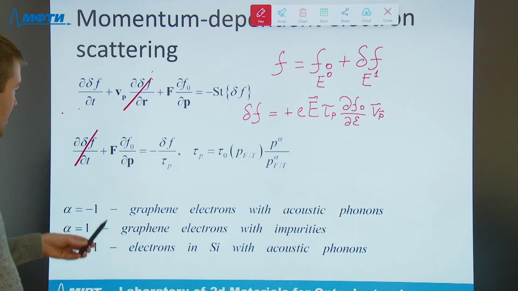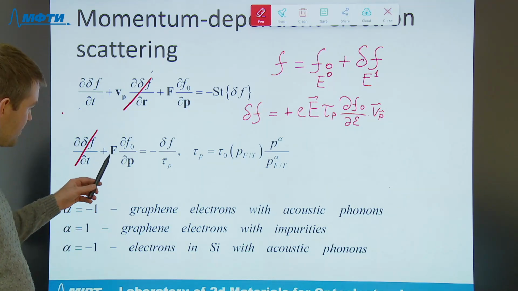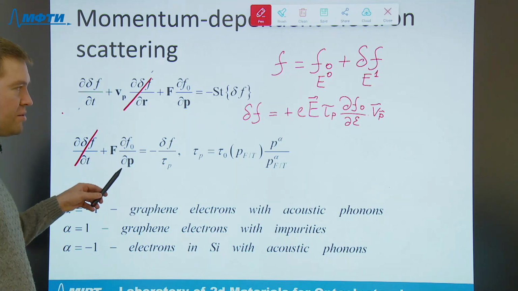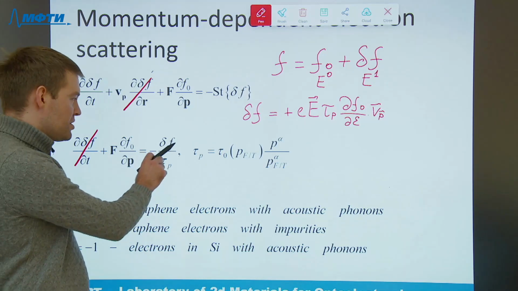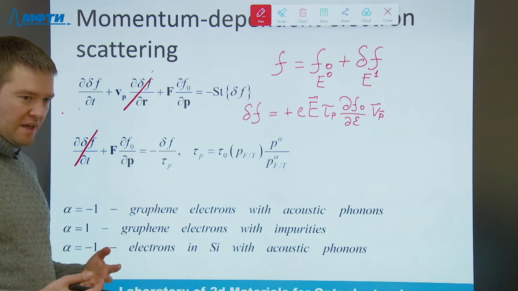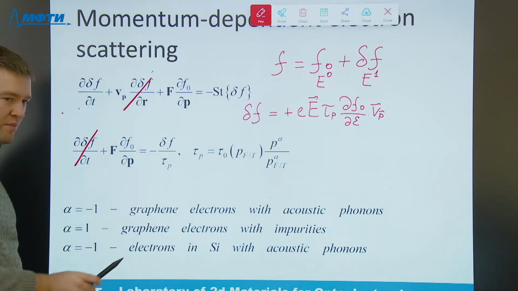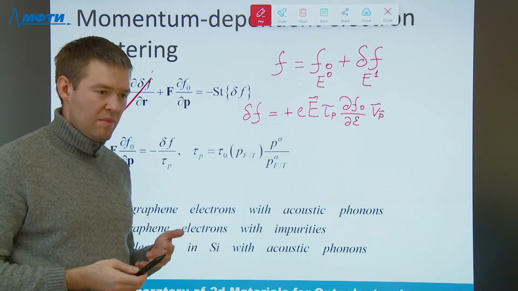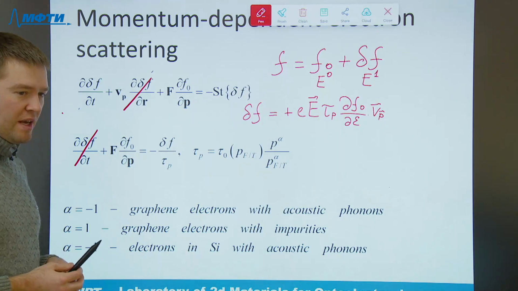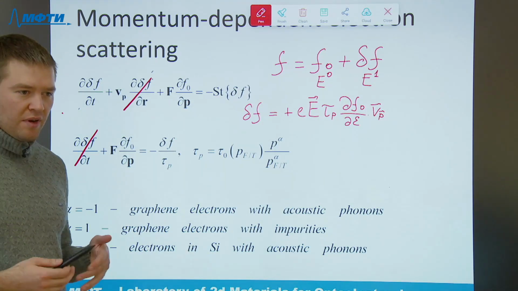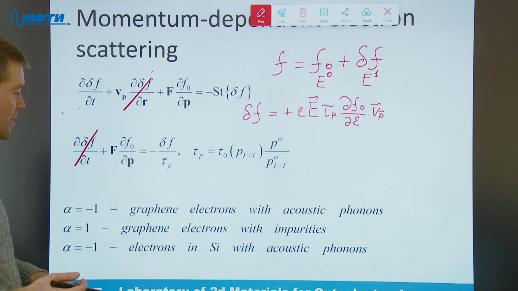And this term has the first power in electric field due to this force already. So here under the derivative we retain the equilibrium part of the distribution function. But the collision term doesn't have this force, and therefore we should take the first power of electric field from the distribution function. If we retain some other term, the powers of electric field would be different, which would contradict the power law expansion of our solution in terms of the electric field.